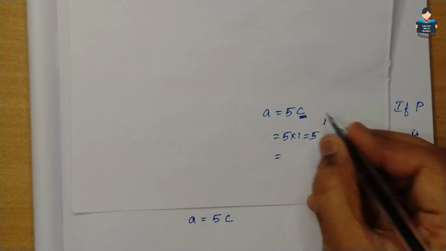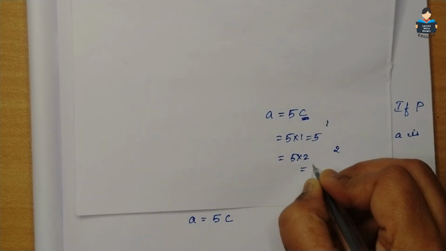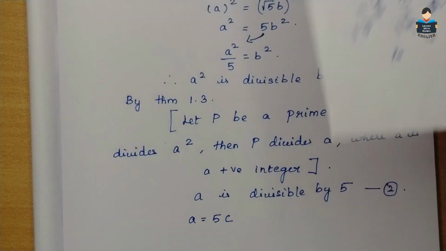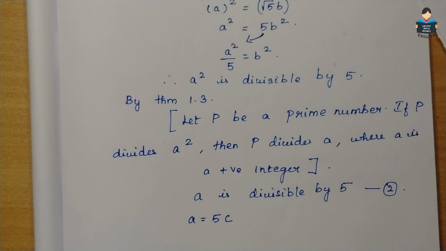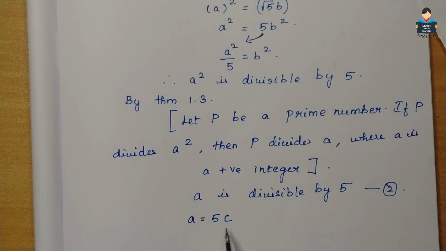And in place of C, if I put 2, I get 5 into 2, 10. Likewise I will get 15, 20, 25, 30. All these numbers are divisible by 5. So, I can write A equal to 5C.